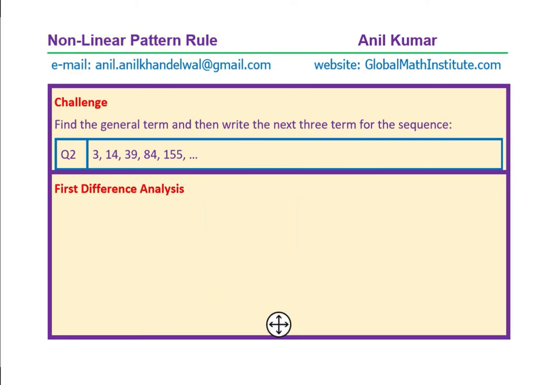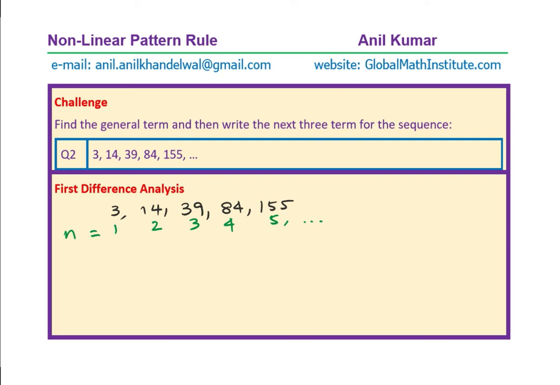Let's rewrite what is given to us. It is 3, 14, 39, 84, 155. N is 1, 2, 3, 4, 5, and so on, correct?